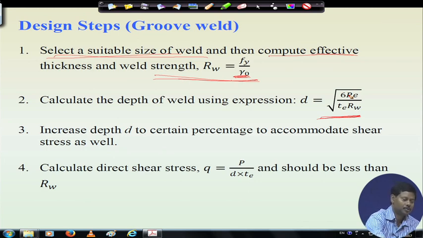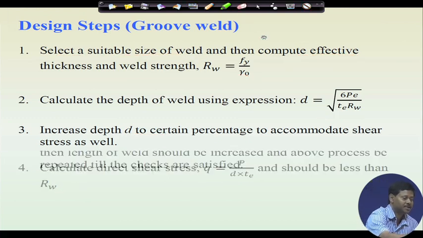Now, D also can be increased to a certain amount to accommodate both the stresses, then we can find out the actual stress coming in the weld, that is Q is equal to P by D into TE, right, and it should be less than obviously RW. If it is not, then we have to increase the size of the weld or depth, and similarly we can go for calculation of the bending stress.